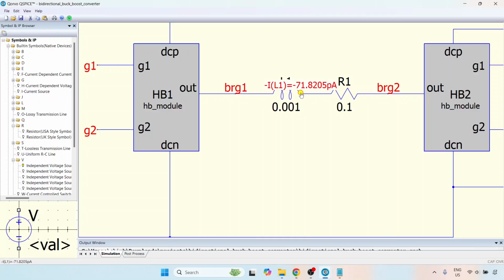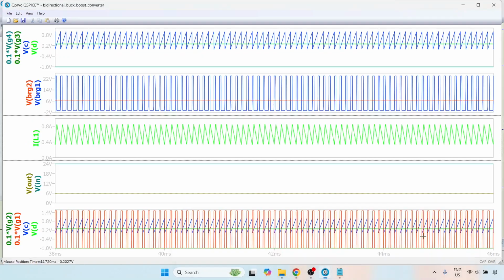This is a minus IL1, which means the current is leaving this terminal. So in our case, the positive direction of current is from left to right, and as you can see here, the current is positive, which means the current is indeed flowing from left to right, which means the power is flowing in the forward direction. So this confirms the fact that we are indeed working in the forward power flow direction as expected.